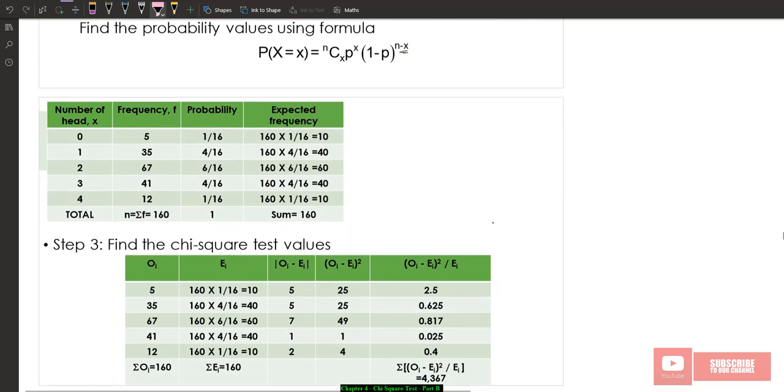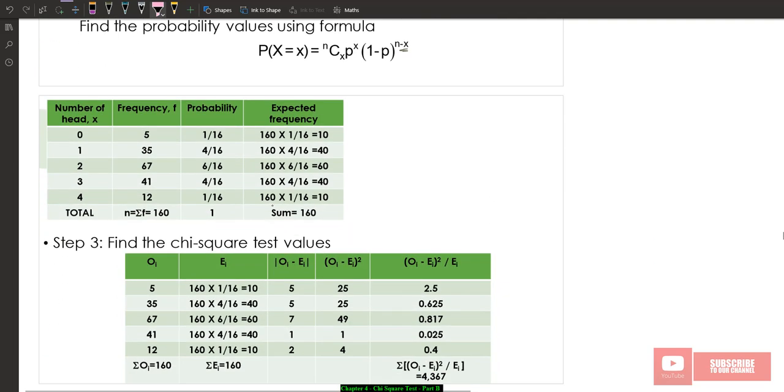Now we need to create a table consisting of number of heads. This is our sample space, and this is the frequency, which is the observed frequency, and this is the probability of success. The value of probability we will get from the formula of binomial distribution.